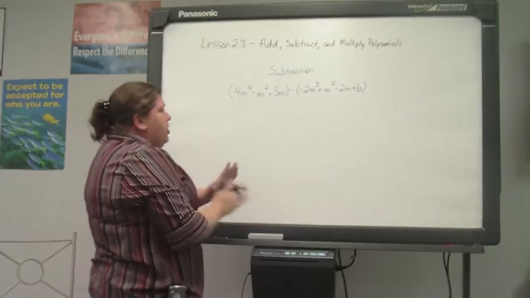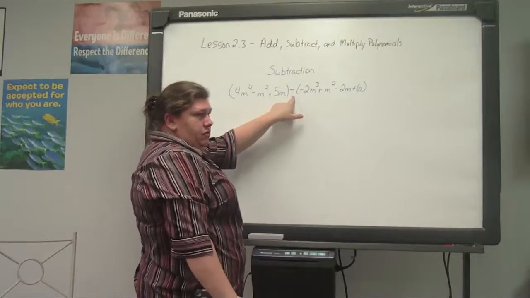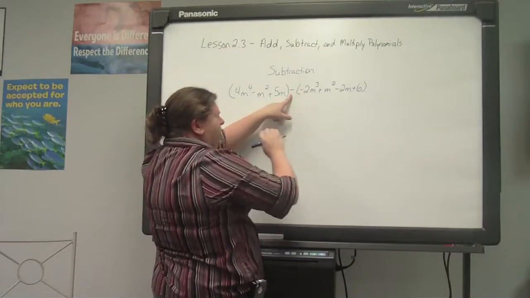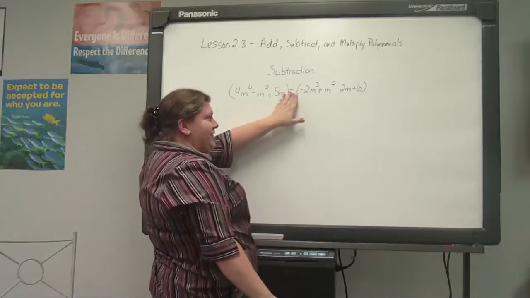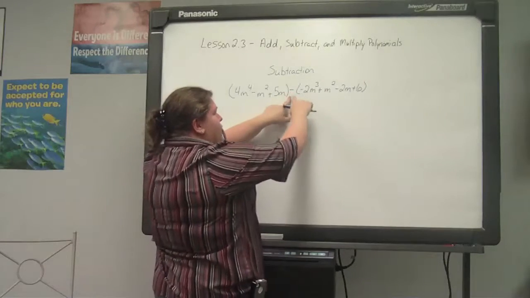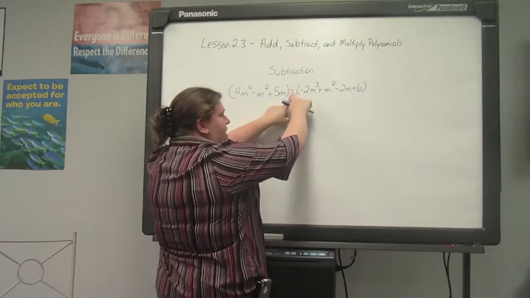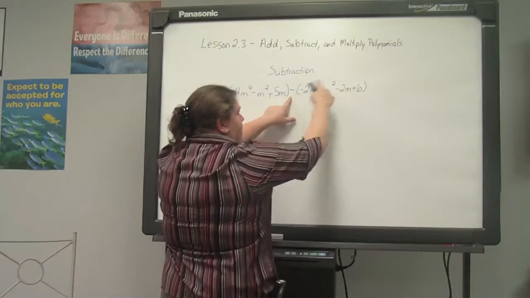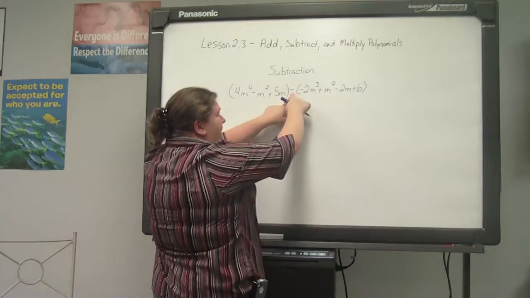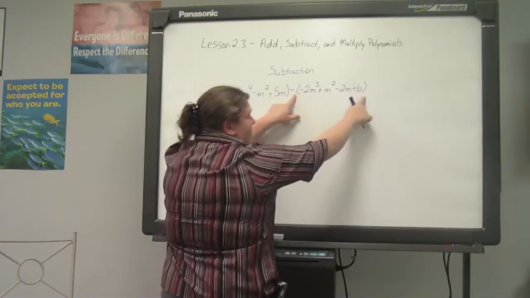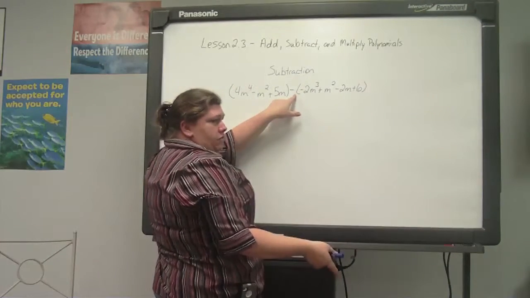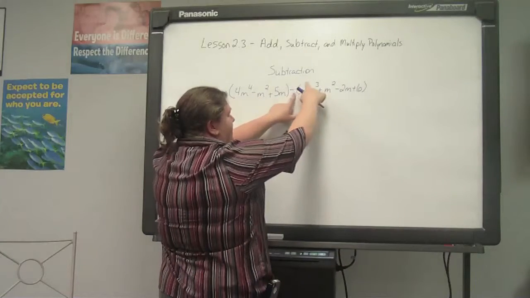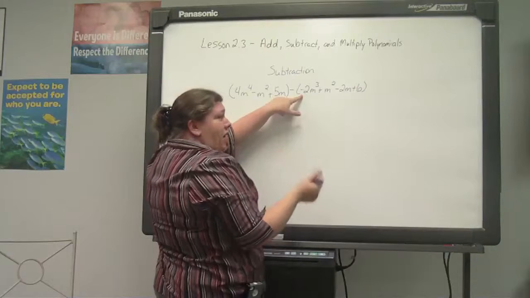Now, when you have subtraction, you have to remember to distribute this subtraction into everything inside. Because this is the same as multiplying everything by a negative 1. All right, so a minus a negative becomes a positive.